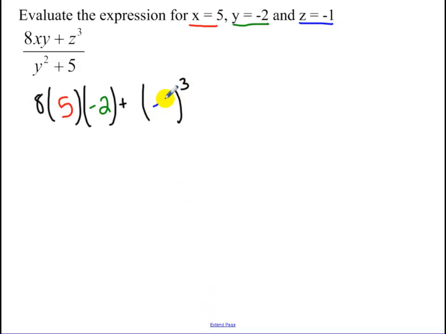Z is a -1, and that's all over Y squared plus 5, and Y was a -2.